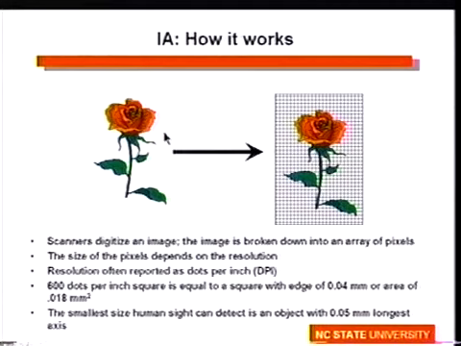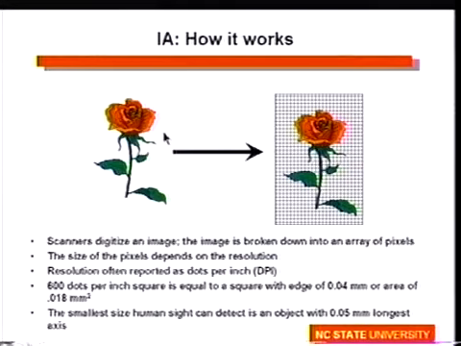Now that's interesting to notice, because 600 dots per inch is a common resolution for a scanner. Many scanners are better than that now, but 0.018 square millimeters is less than the 0.04 square millimeters that was used in the manual TAPPI dirt counting. So with 600 dots per inch we can get a resolution that does a relatively good job compared to TAPPI.